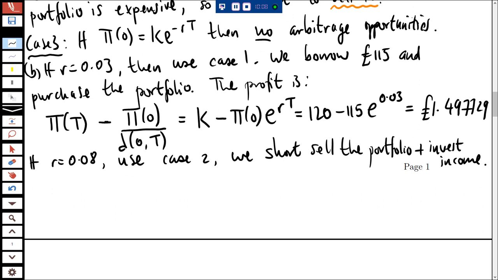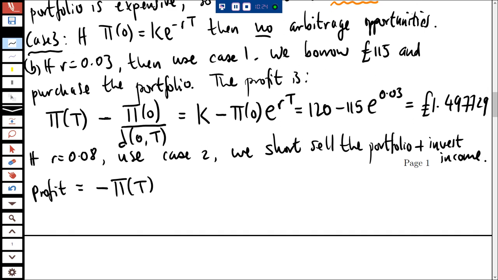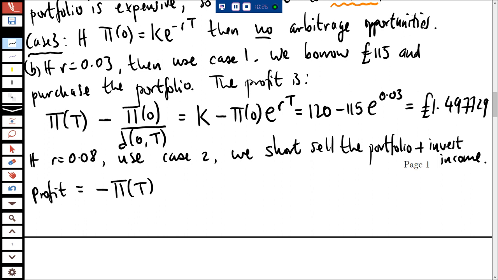So let's calculate the profit. So in the future, the portfolio is going to be worth Pi T. We don't actually own this, we need to pay for it. So it's a negative Pi T. This is a cost that we need to pay. And with the money that we received from the short, we're investing at 8%. So we want the future value. So we divide out by the discount rate, similar to the previous case with 3%.